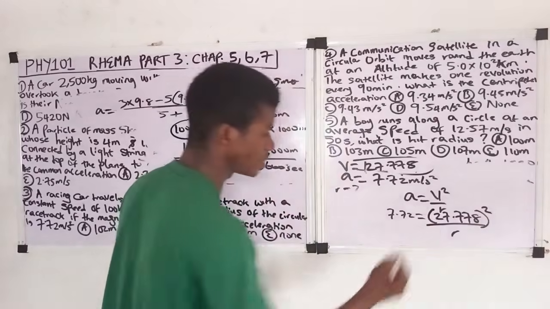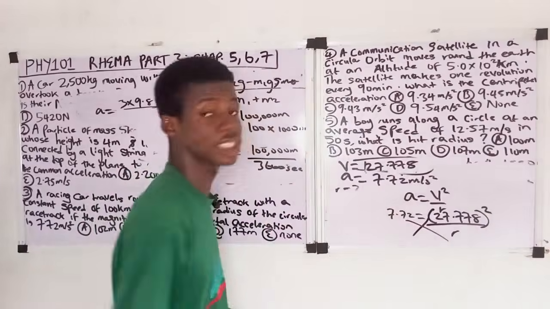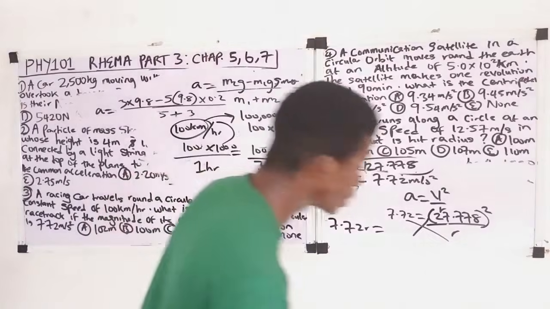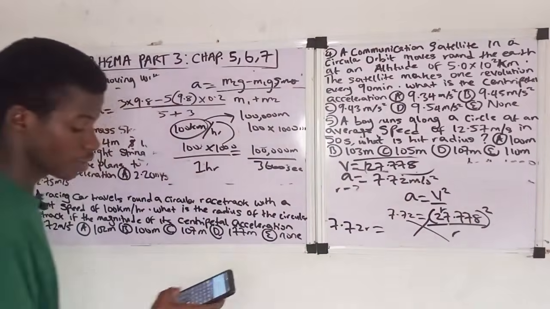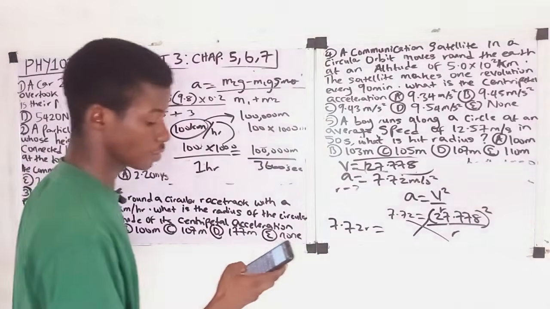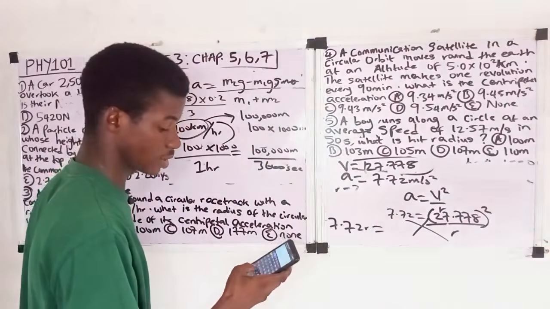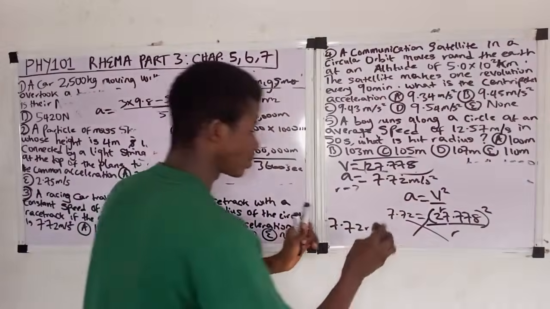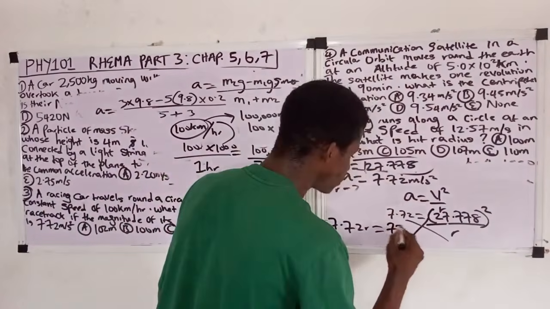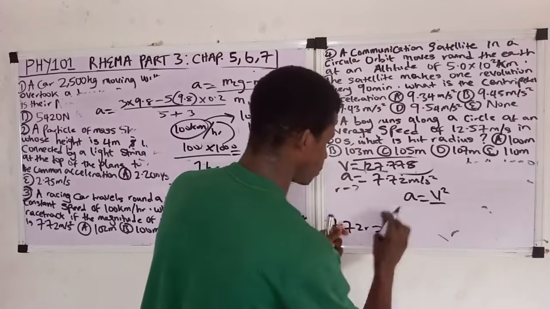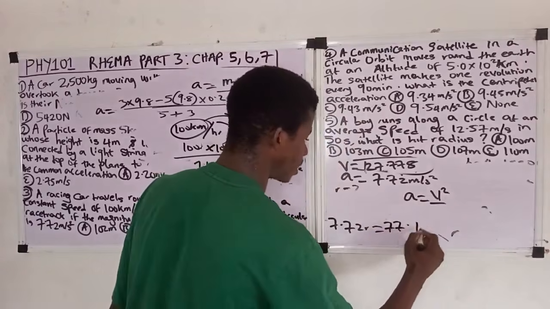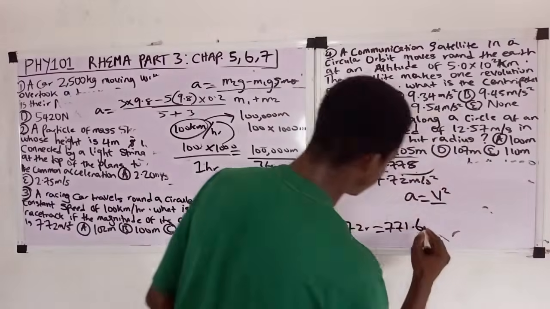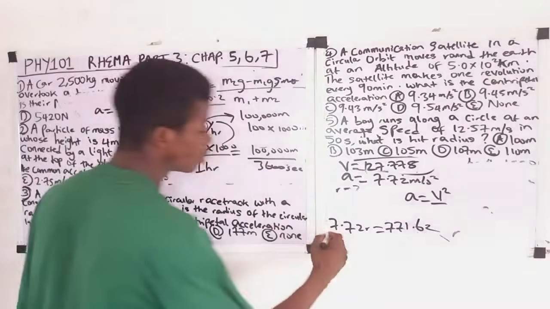We're looking for the radius, so it's very easy: cross multiply. 7.72 times the radius equals the square of 27.778, which is 771.62.